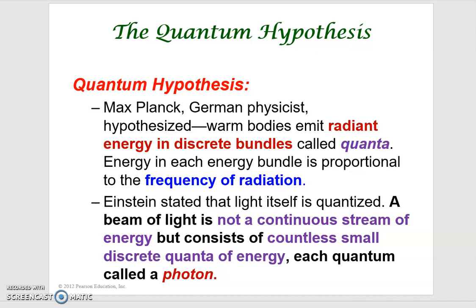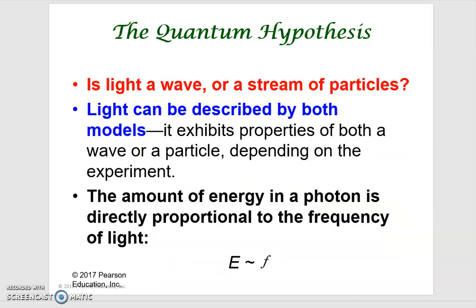Then finally people started to accept the concept of quanta. So the question now is, is the light a wave or a string of particles? Based on quantum physics, light can be a particle or can be a wave. This is the concept of duality.